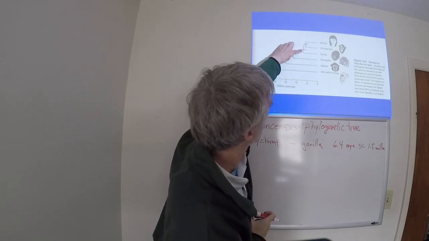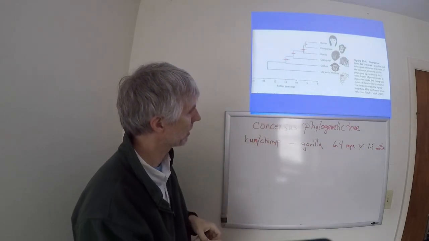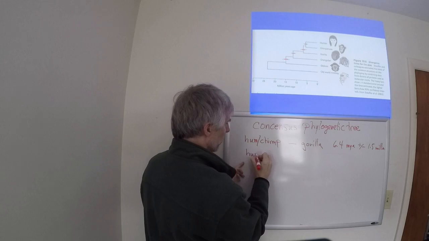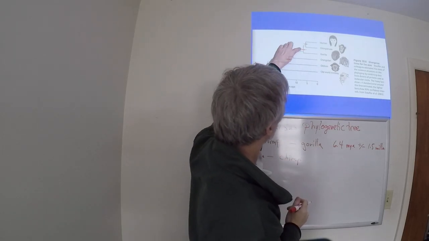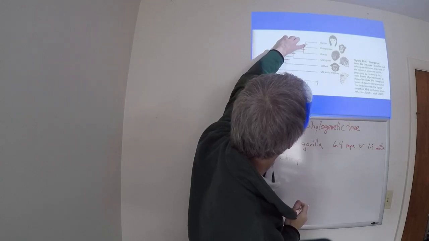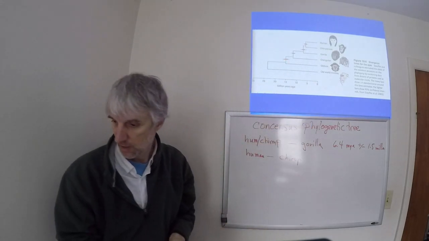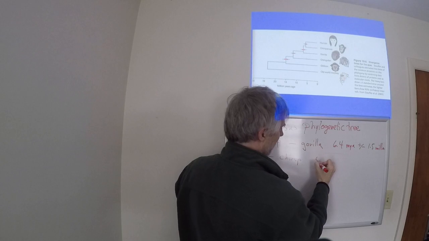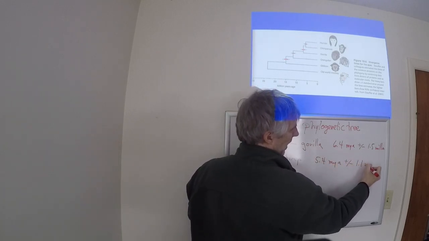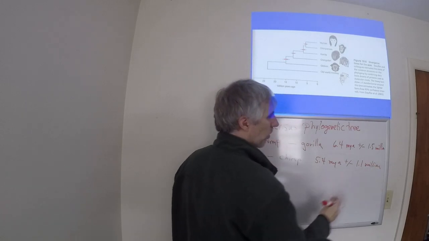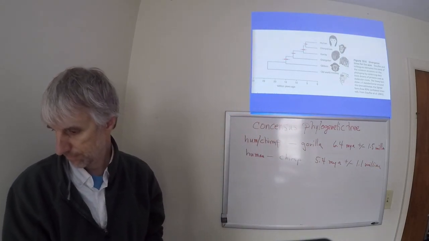Right? Which lines up pretty well with our chart. And then the human-chimp split, which would be right here, that split was 5.4 million years ago, plus or minus 1.1 million years.